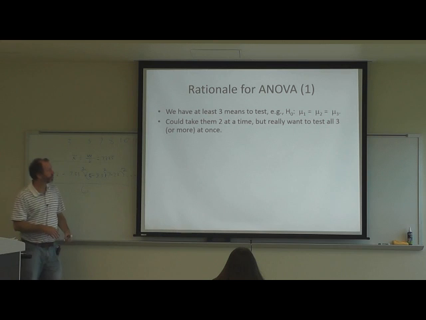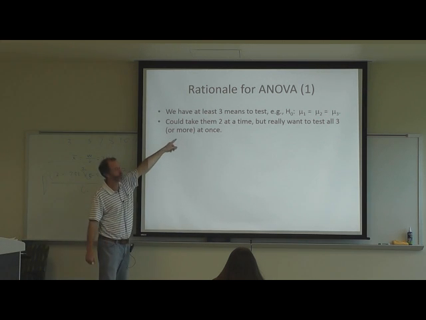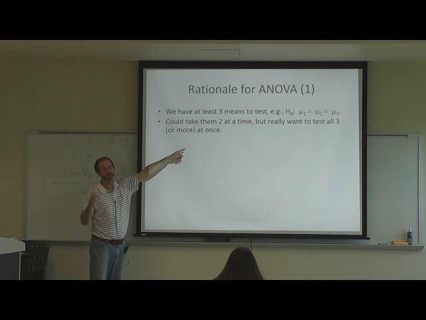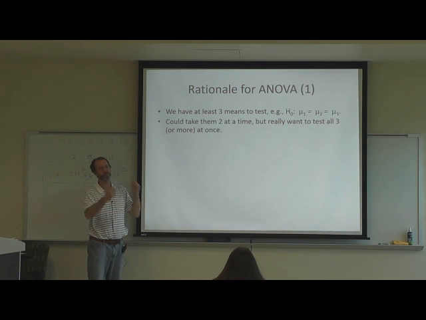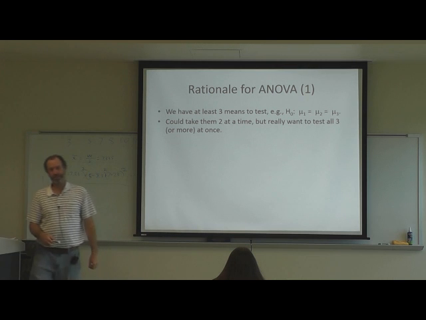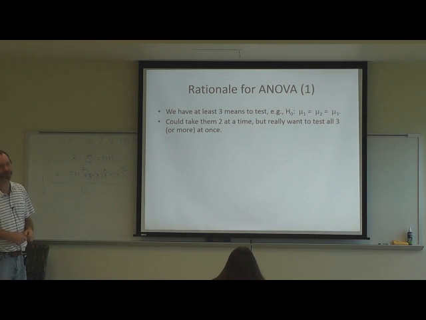So you could take them 2 at a time, but really you want to test all 3 at once, right? Do you know why you wouldn't just do multiple t-tests? Remember that in a t-test, you're selecting a probability, typically 5%, that they're the same where you say that they're not the same.